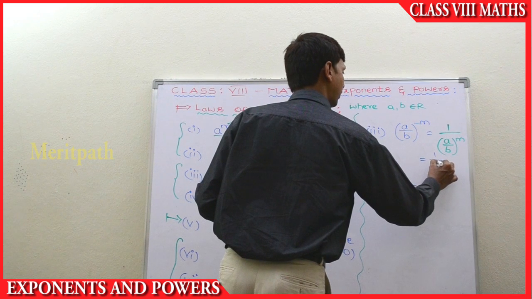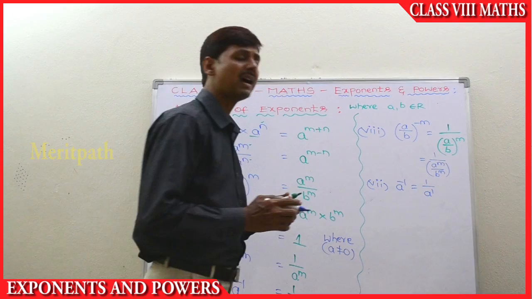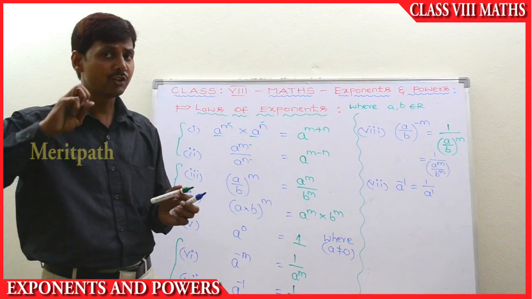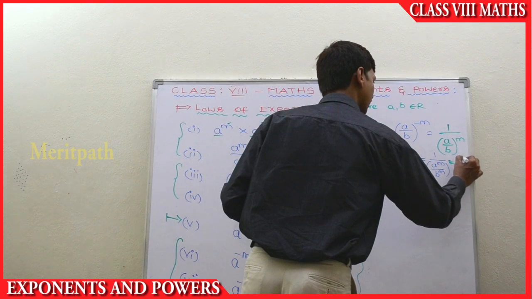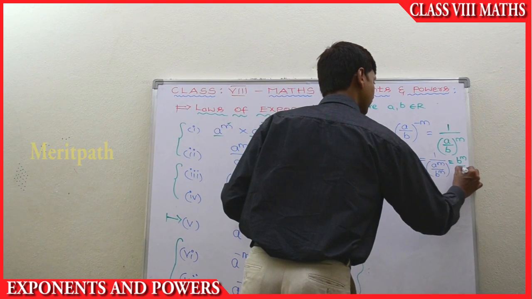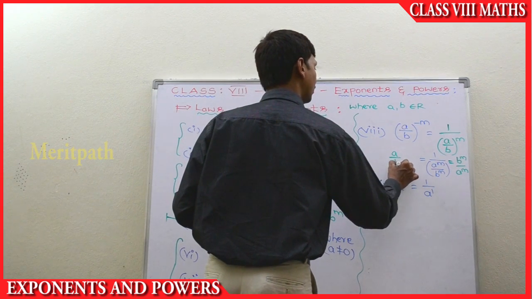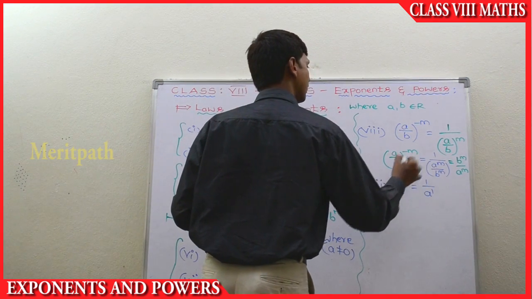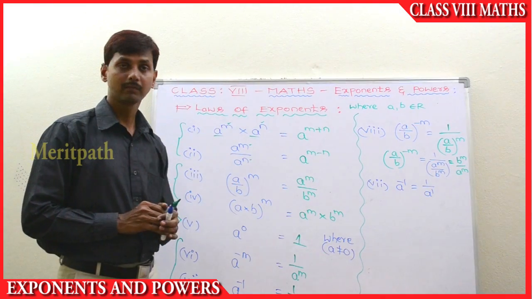This is the denominator part. Let's take this denominator to the numerator, and it becomes b power n divided by a power n. So finally what we understood is (a by b) whole to the power of minus n is equal to b power n by a power n.